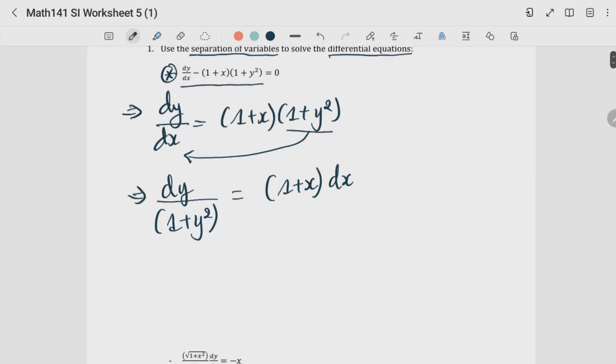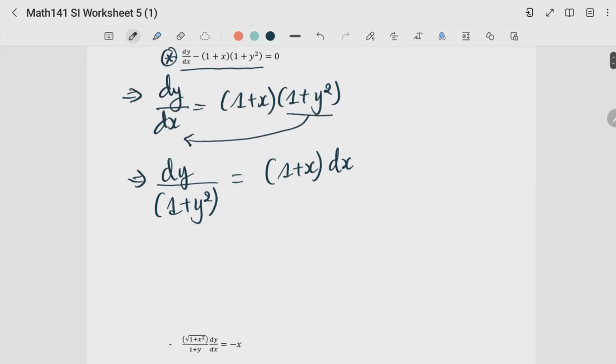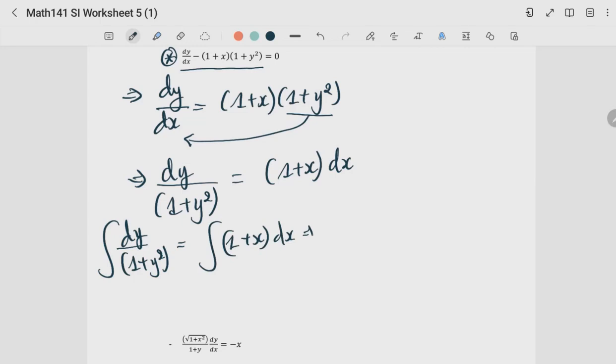And at this point, that's when we introduce the integral on both sides, right? So we have the integral of dy over 1 plus y squared is equal to the integral of 1 plus x dx. Now this is equal to what?